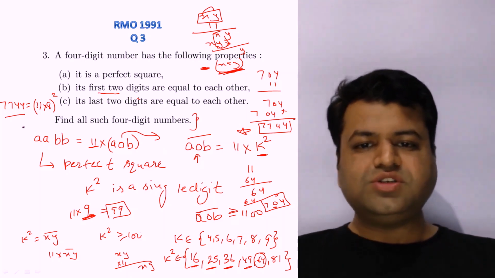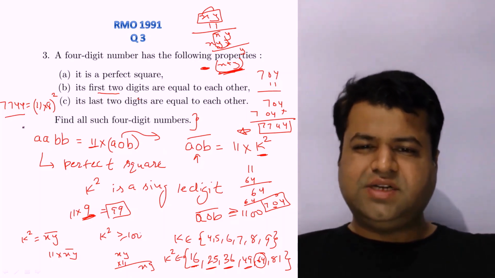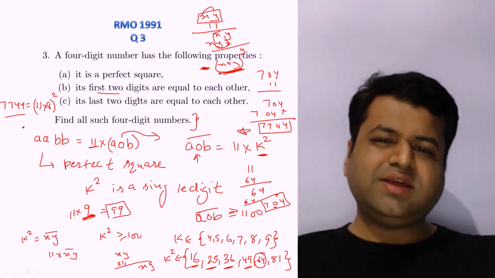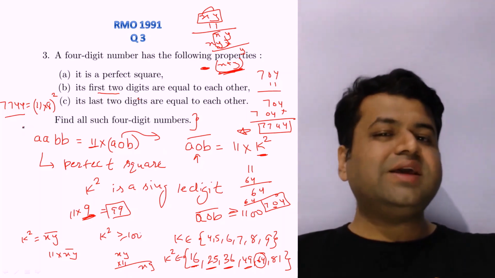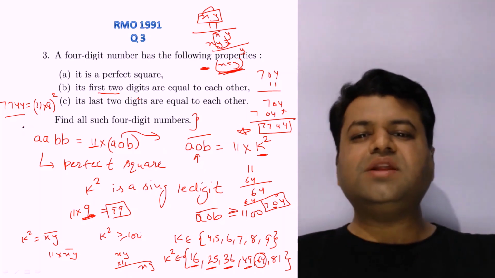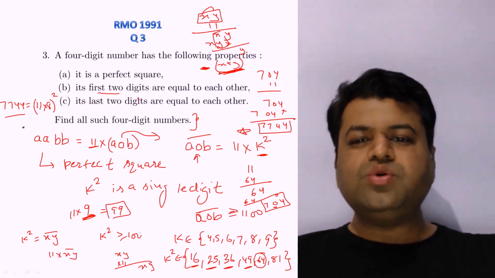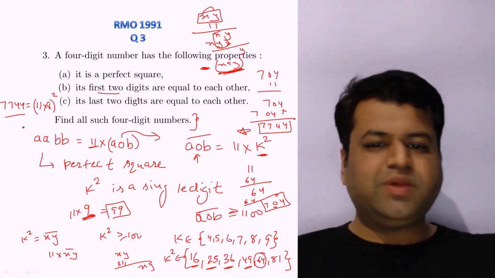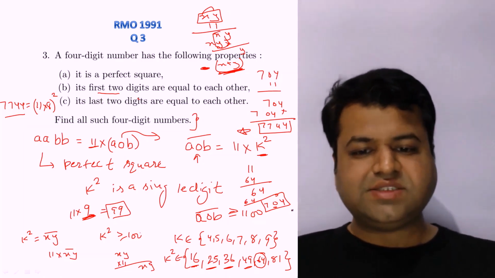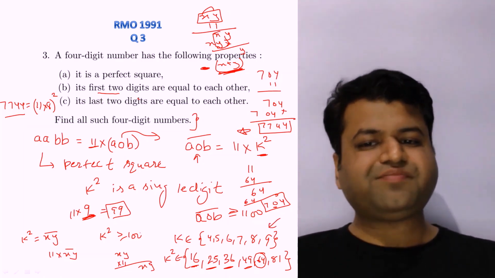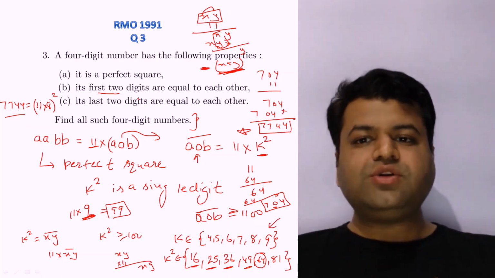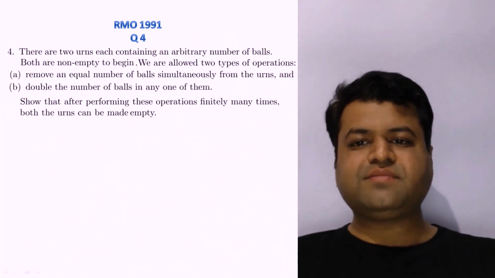This is a question of number theory, and it's a pretty simple question. In fact, a student who is currently in 8th or 9th standard can easily attempt it. All he needs to do is manipulate the numbers and consider these cases for k. Now let's proceed to question number 4.